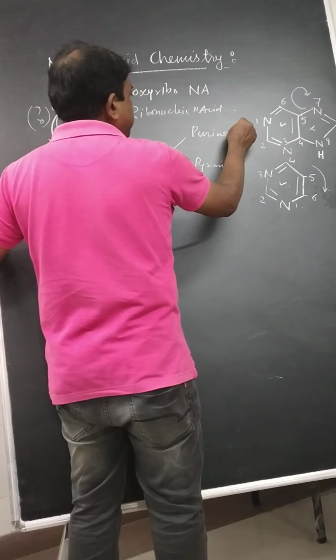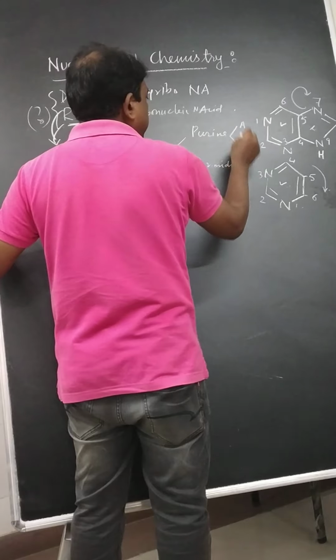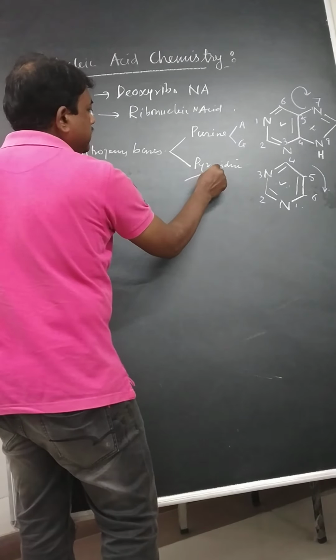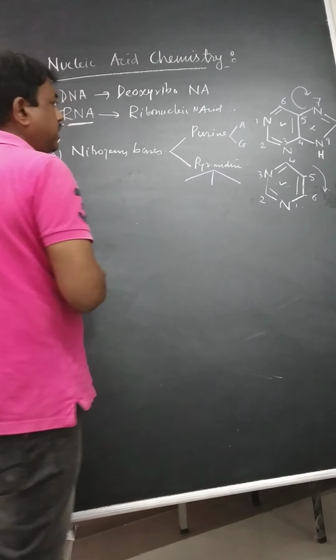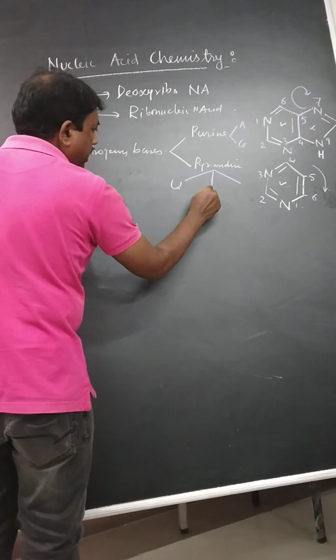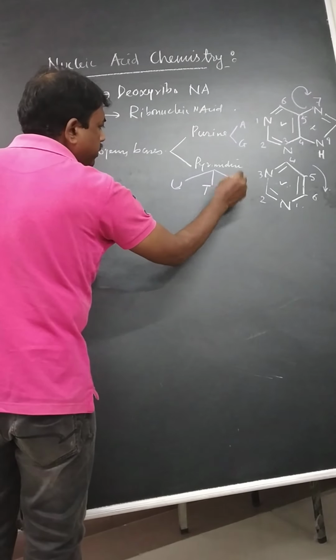There are two different types of purines. One is adenine, another is guanine. And as far as the pyrimidine is concerned, there are three pyrimidines. One is uracil, another is thymine, another is cytosine.